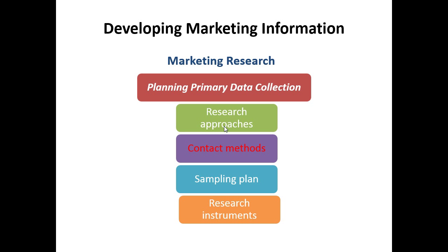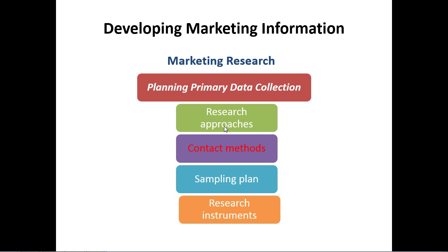Again, primary data collection is where we go out and collect our own information about what's relevant to our brand, our product. Unlike secondary market data, that's data that has already been collected. It's archived data. Someone else has a database that has the information, and we just spend money to gain access to it.